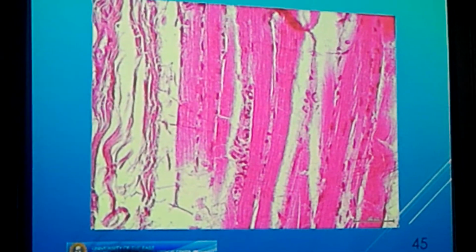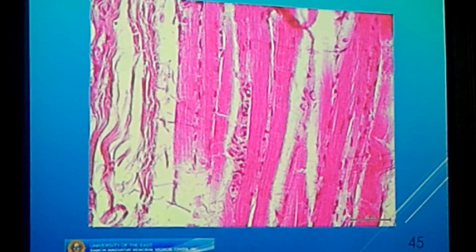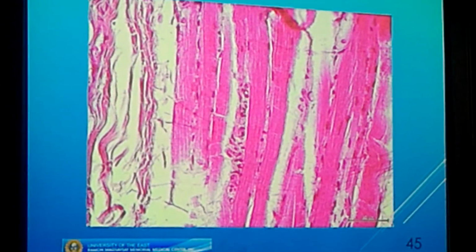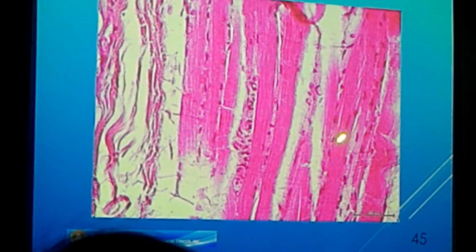If what's shown is the erector pili, your answer would be erector pili. If you know the specific name of the structure, then you put erector pili. When it's like this, it's okay for you to put skeletal.